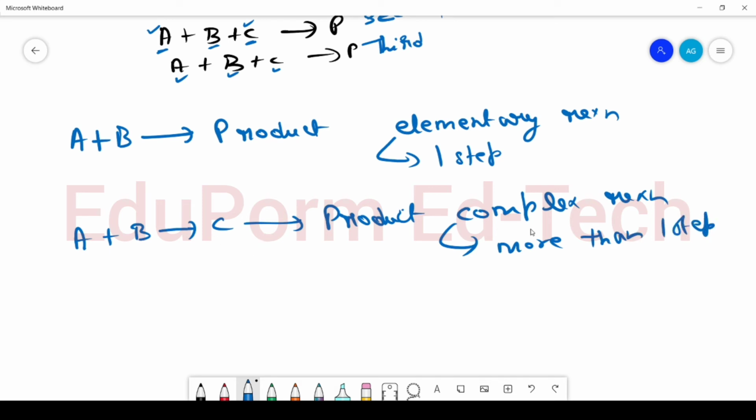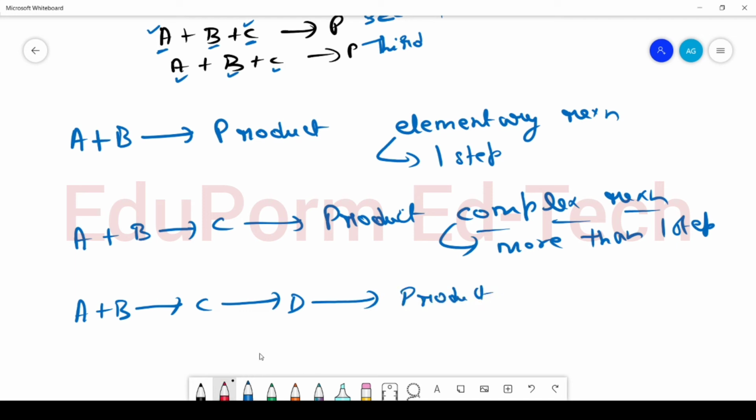The rate of any complex reaction only and only depends on the slow step. So for example, let's say we have A plus B gives C, which gives D, which gives product. And let's say this step takes place in 10 minutes, this step takes place in 5 minutes, while this step takes place in 15 minutes.